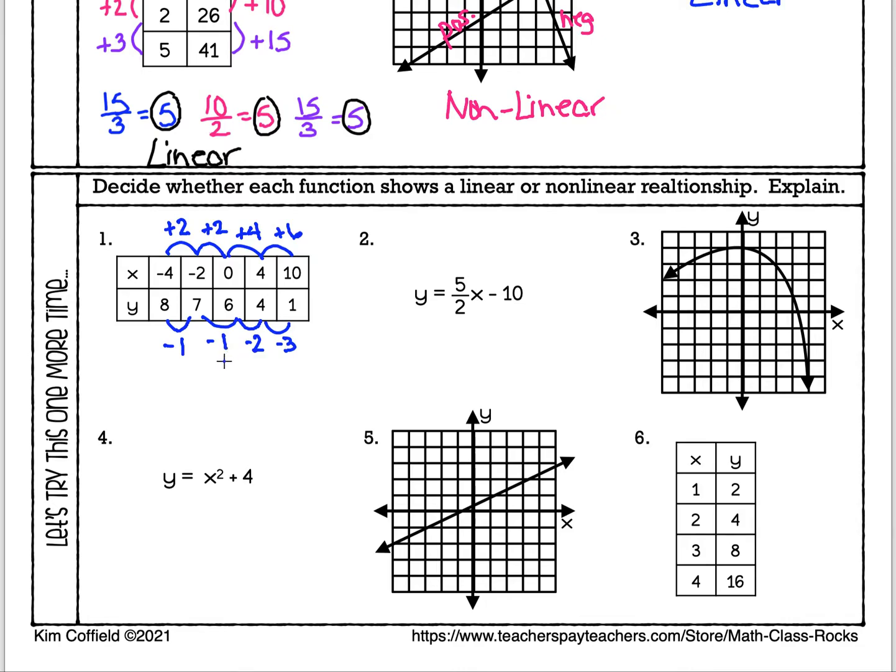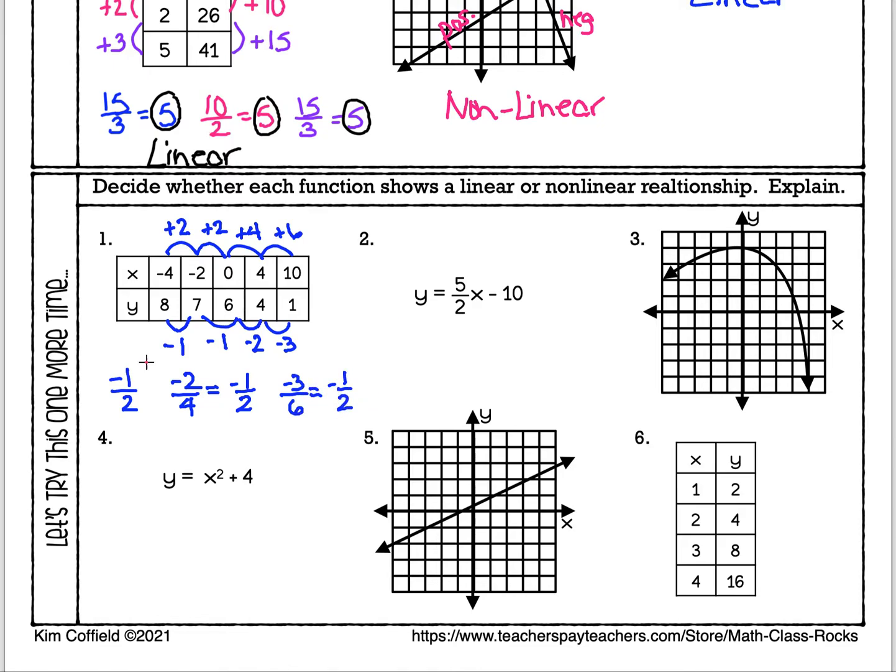So we need to check all of these change in y over change in x. So I've got -1 over 2, right? -1/2. Same thing again, -1 over 2. Here I've got -2 over +4. Well, -2 over +4, if I reduce that, would be -1/2, so that works. And then here we've got -3 over +6, which again will reduce to -1/2.